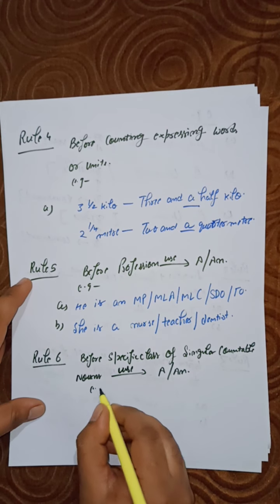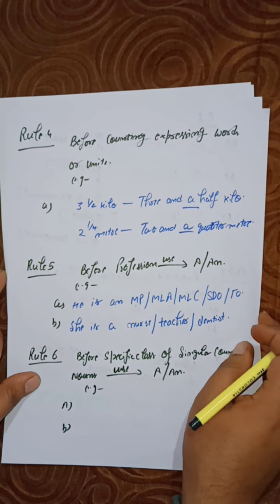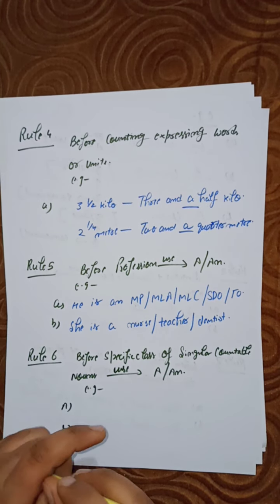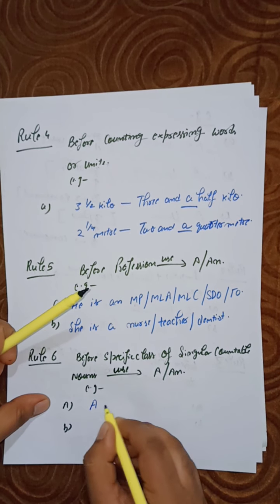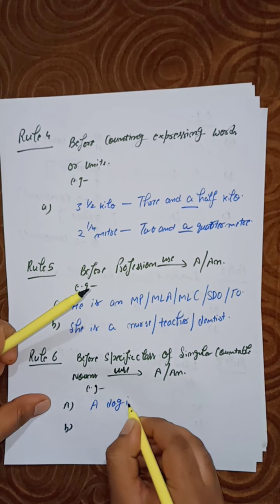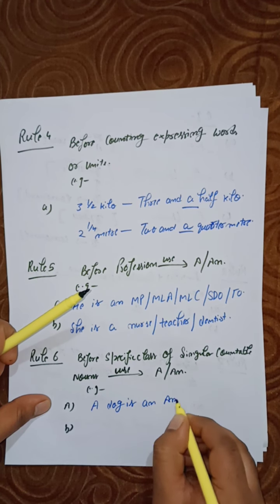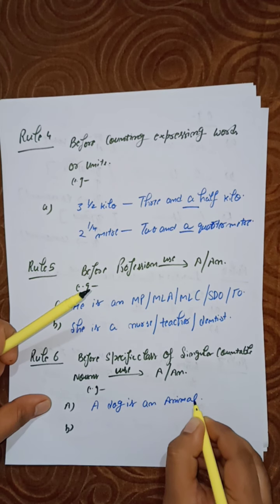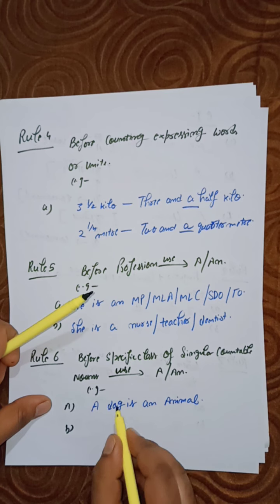Let's take an example: a dog is an animal. A dog, we are talking only about one dog.